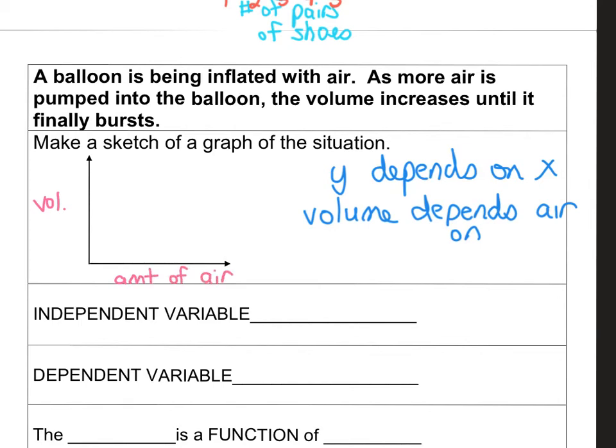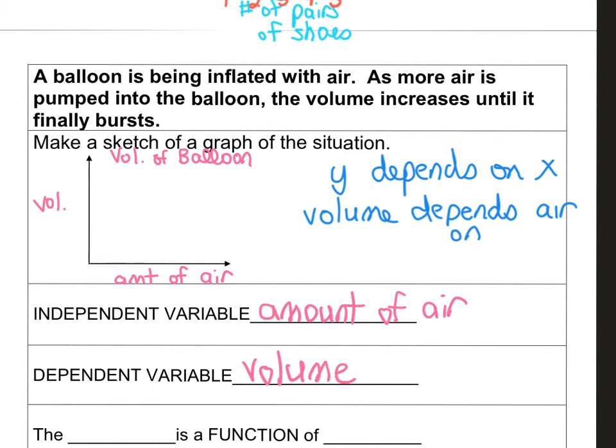If you wanted to give it a title, we could say volume of balloon or something along that line. And we could even come down here and fill in our independent variable, the amount of air in the balloon. And then our dependent variable, which is the volume of the balloon.